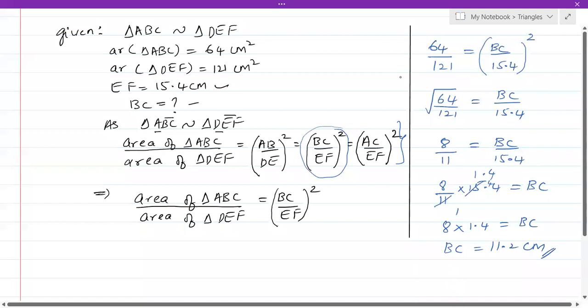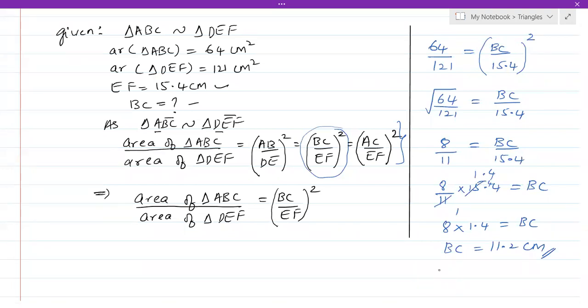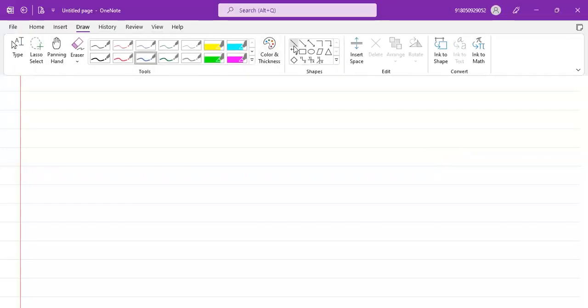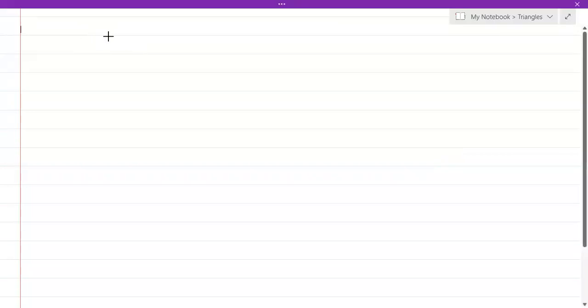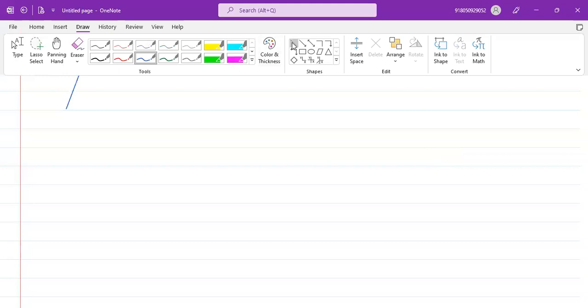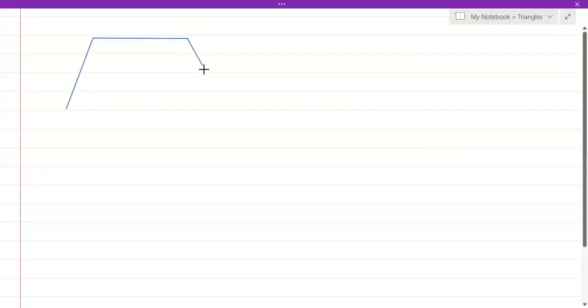So let's take another page. They have given us a trapezium, so let's construct a trapezium first. ABCD is a trapezium.